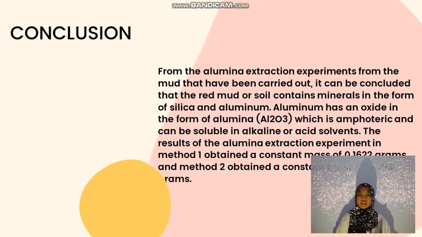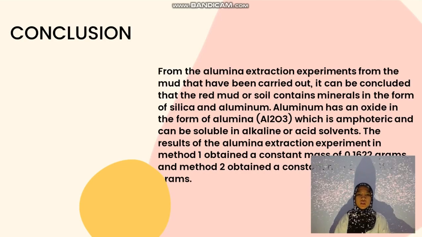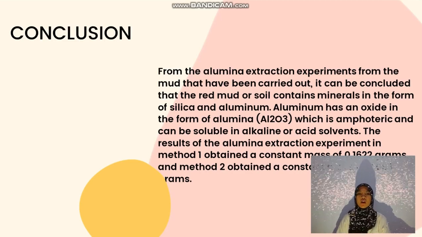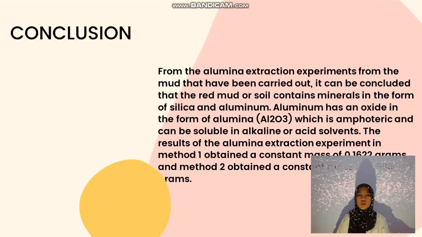The results of the alumina extraction experiment in method 1 obtained a constant mass of 0.1622 grams, and method 2 obtained a constant mass of 0.93 grams.